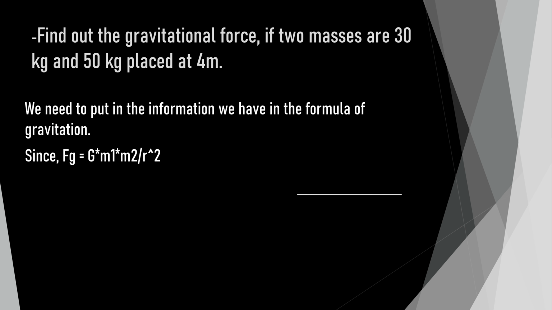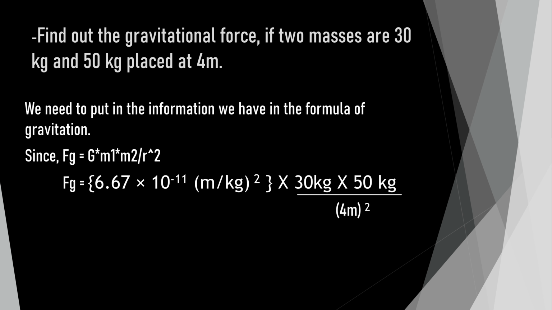Since force of gravitation is equal to the gravitational constant times m1 times m2 by r squared, the force of gravitation in this case is equal to the gravitational constant, which is this given value here, times 30 kilograms, which is the m1, times 50 kilograms, which is m2, divided by r squared, in this case 4 meters squared.